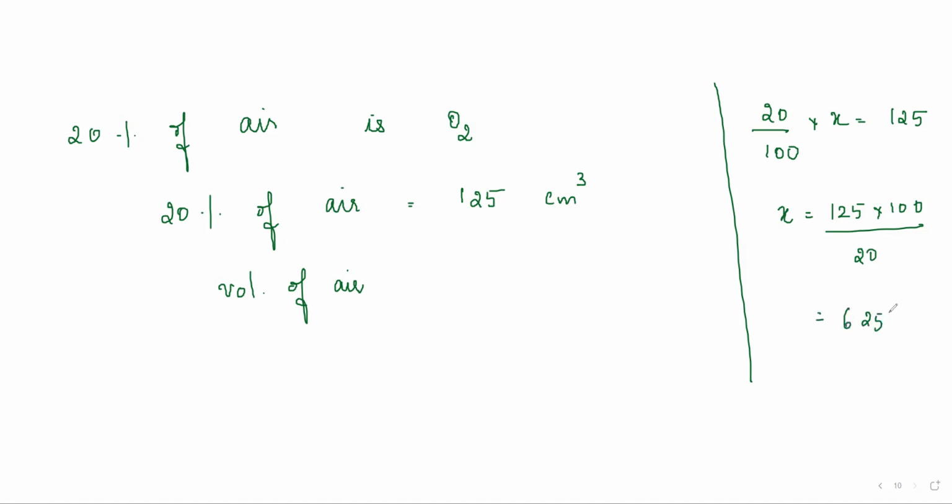This will be 625 centimeter cube, cc. Okay, so that is the final answer. Volume of air is 125 into 100 by 20, which is 625 centimeter cube. So that was the question.